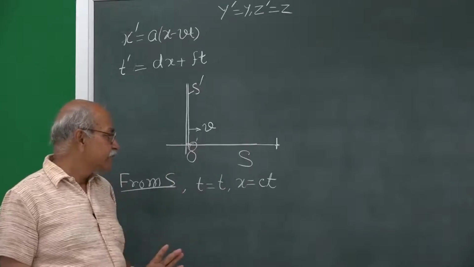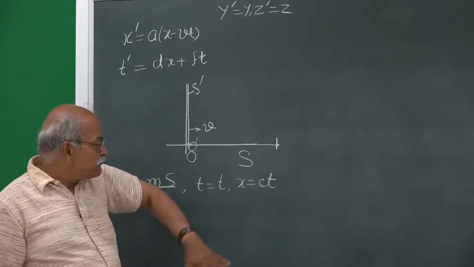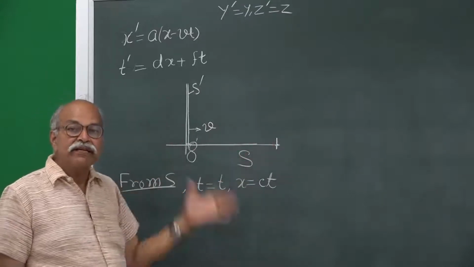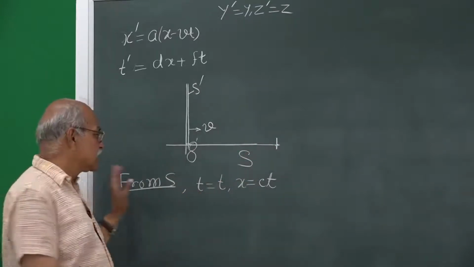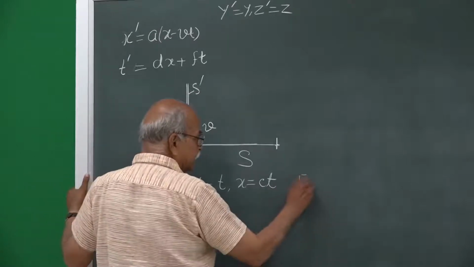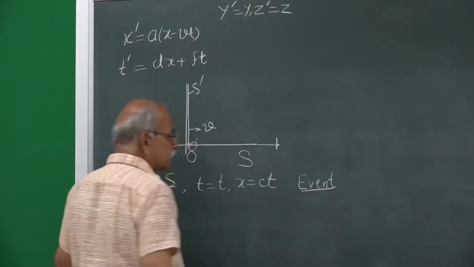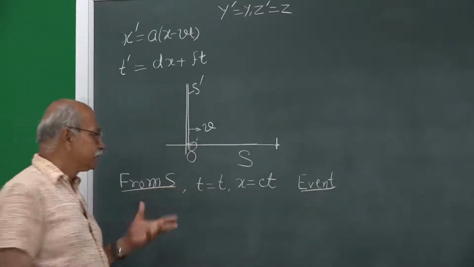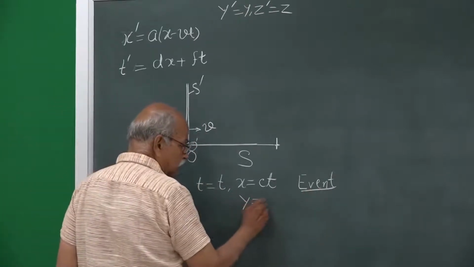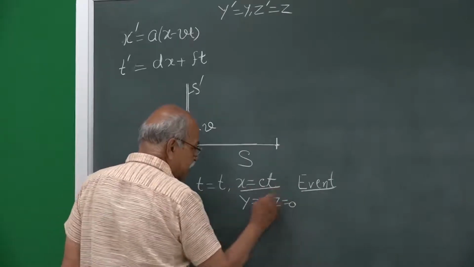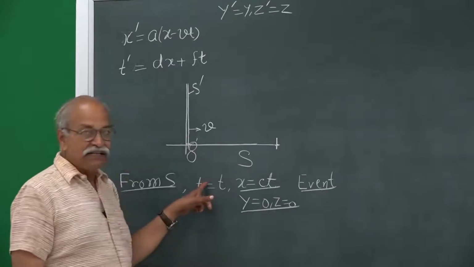So, this is our event. When we say this is the coordinate and this is the time, we are specifying the event: y is 0, z is 0, so this gives where and this gives when.